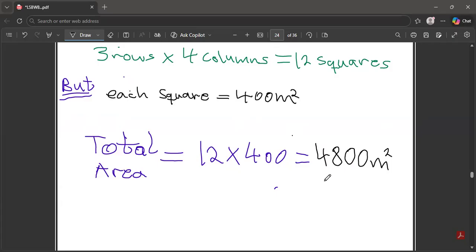Four thousand eight hundred meters squared.